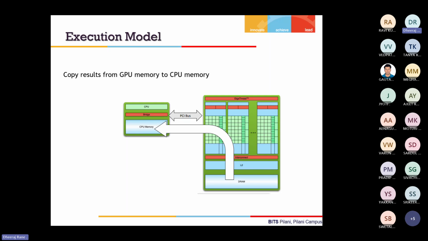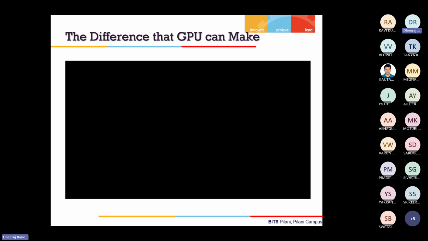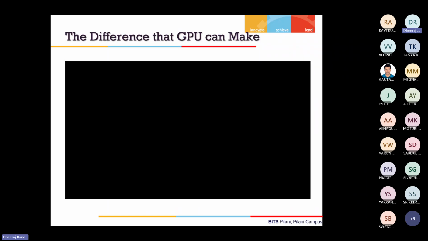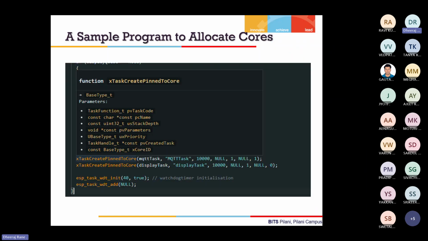Once it is ready, it is transferred again to the CPU memory and whatever the output is. So this is just the analogy displayed through the video, but you can correlate it.